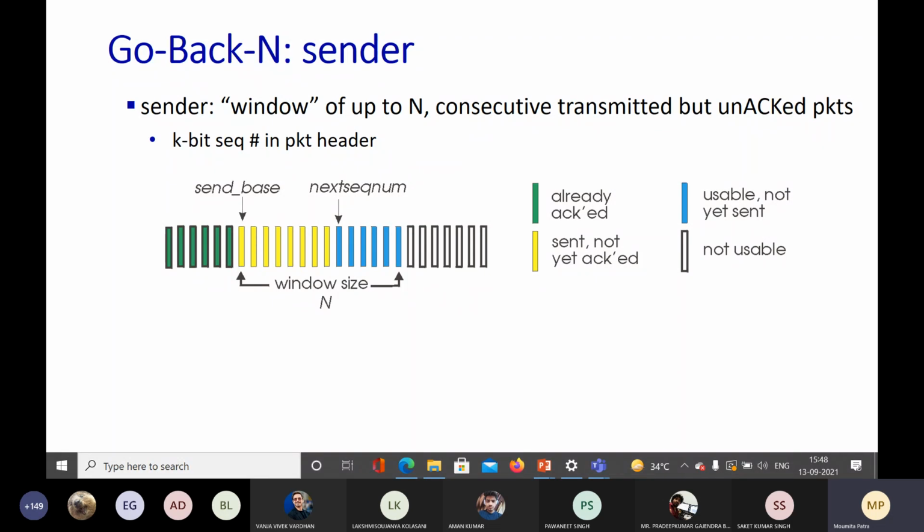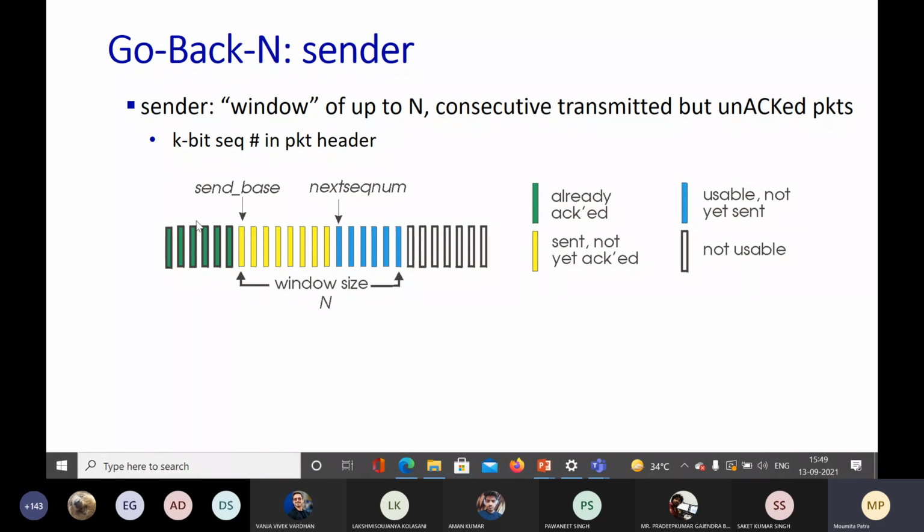Okay, so your send base had started from this part of the window, and you had sent the packets up to this sequence number. Now the sequence number of the packet which has to be sent now starts with this one pointed by this pointer, that is next sequence number. Now as and when the packets are acknowledged, the window will basically move towards this side, right?